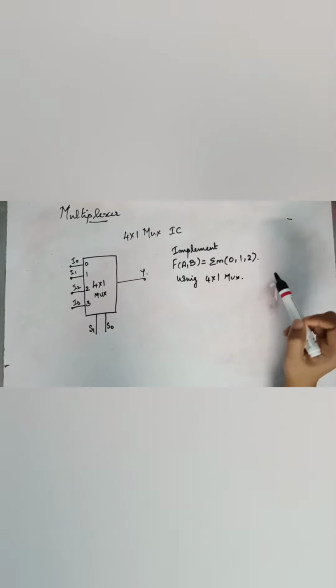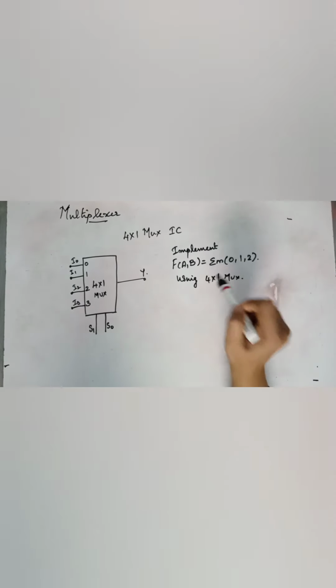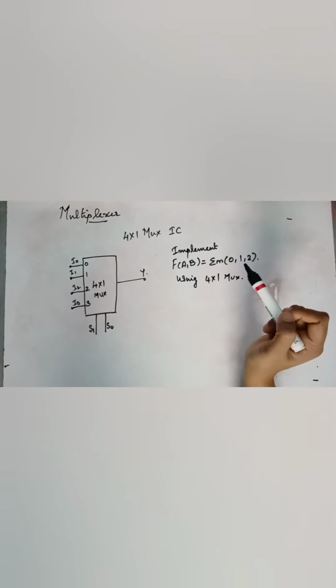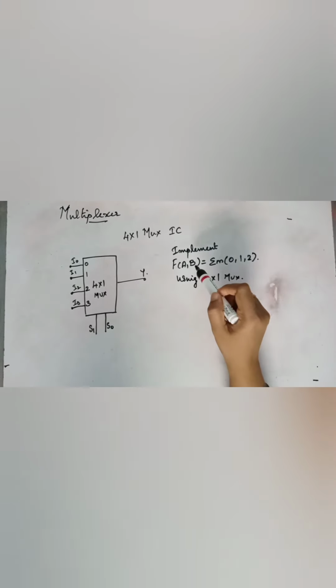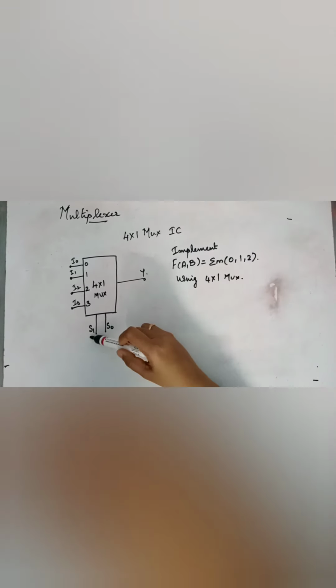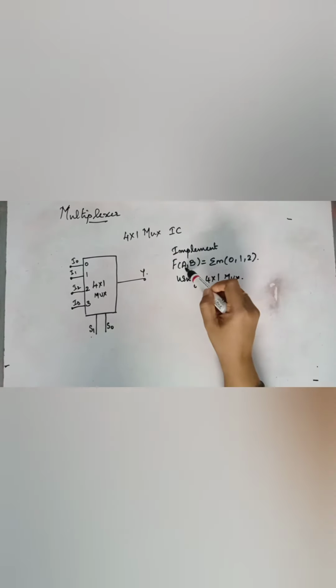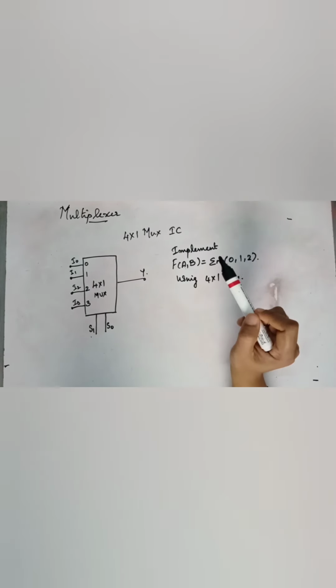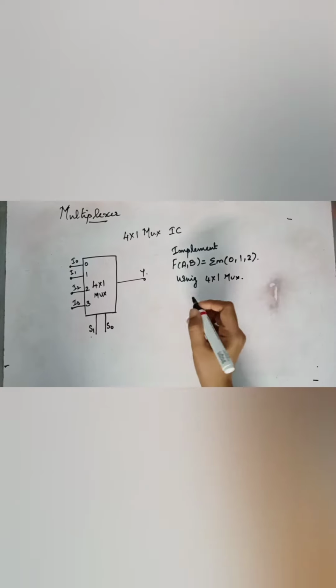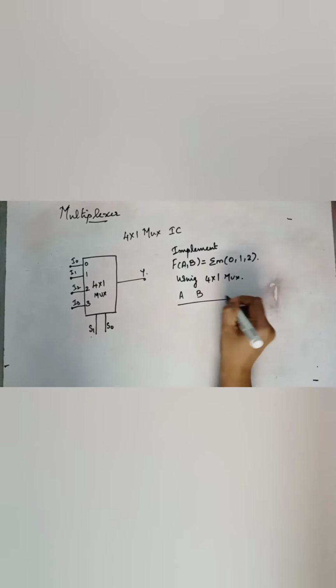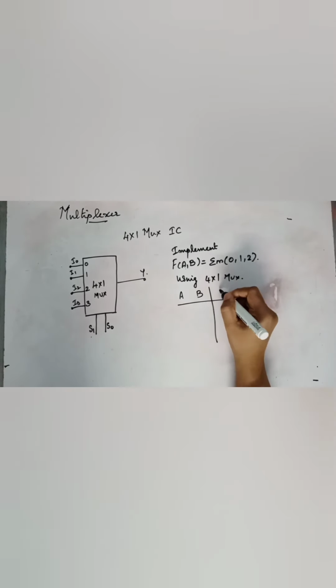Now what I want to know is, what are A and B in the case of a 4 by 1 mux? They are the select inputs. Instead of S1 and S0, I am notating them as A and B. So if I am to write the truth table of this, then I will write AB and my output is function of AB.